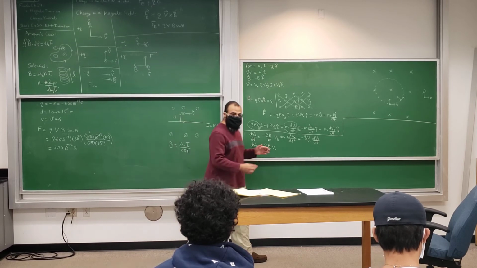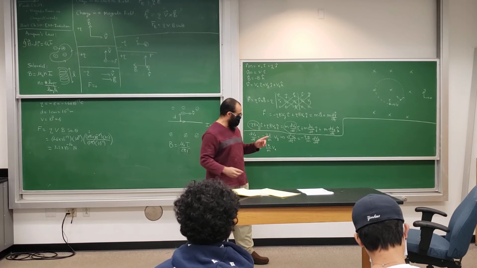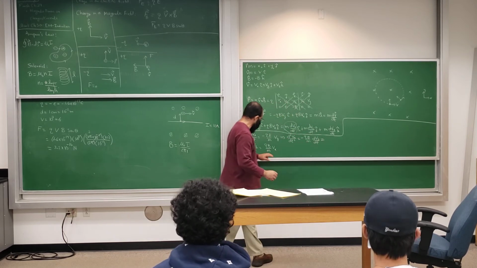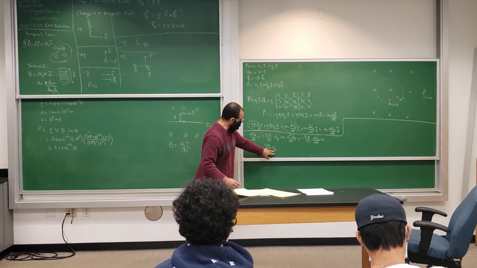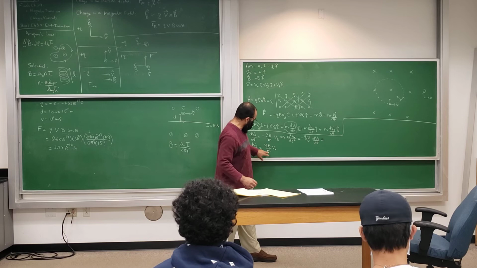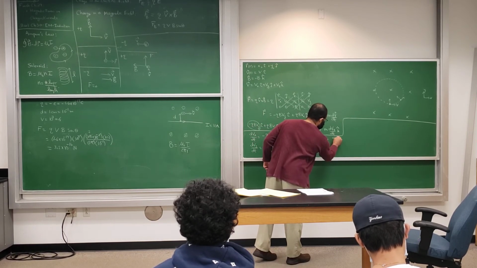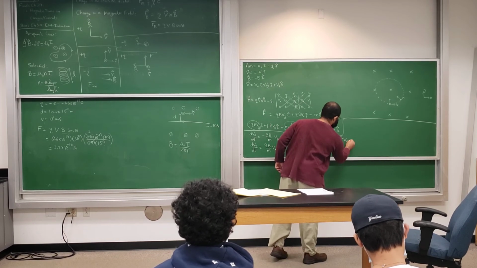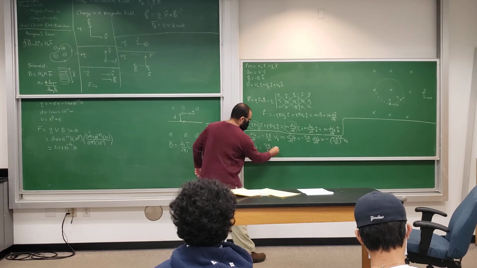Okay. So I need to speed it up a little bit. So I will replace this dvy/dt by this. This is dvy/dt. It's equal to qB over m vx. So when you do that, you will have qB over m multiplied together. That's minus qB over m to the second power, and then you get vx. And I'm going to do the same thing here. I'm going to take the derivative of this with respect to time.